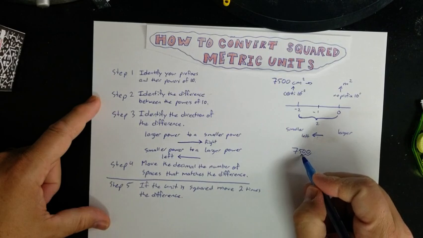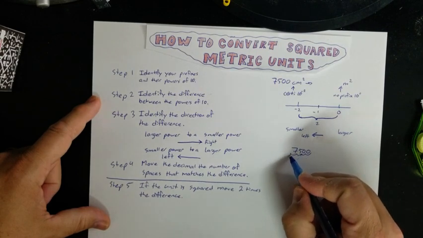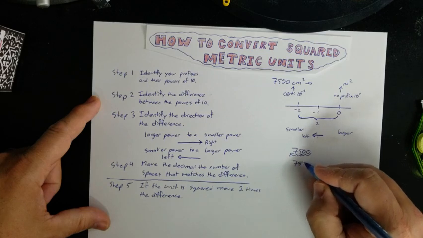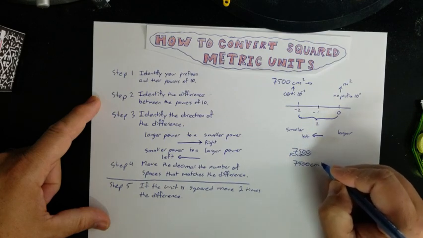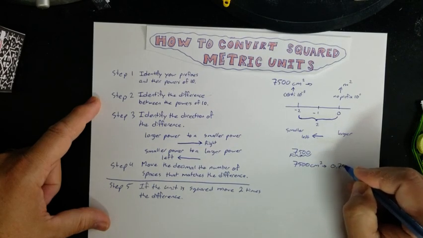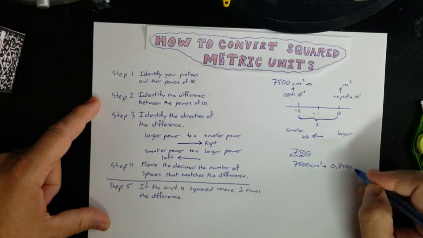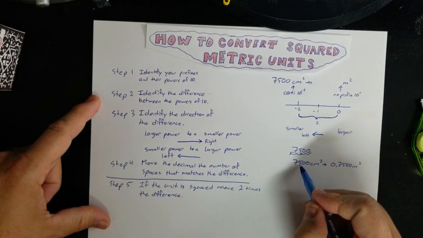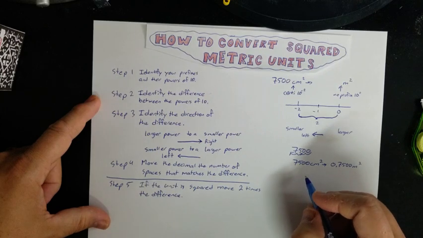So we already moved twice, and we're going to move twice again. So that means that 7,500 centimeters squared becomes 0.7500 meters squared, because we moved the decimal 4 times, or 2 times 2.